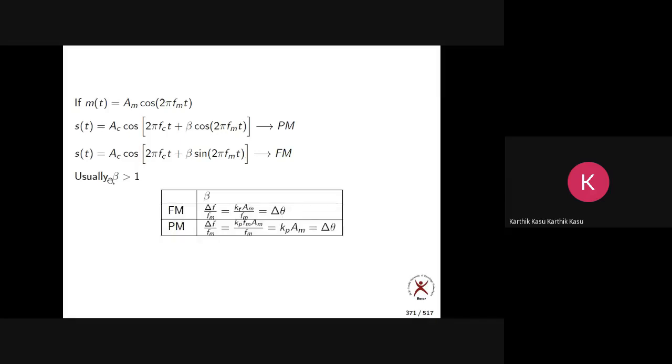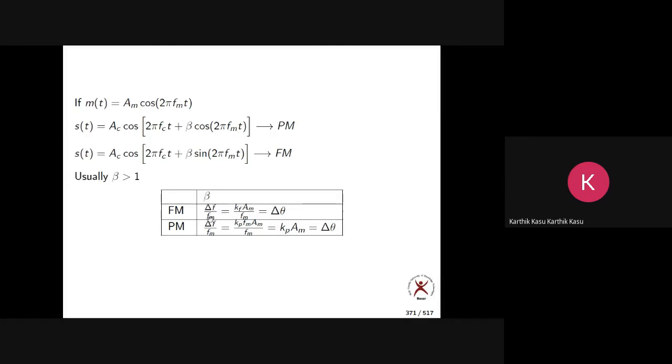Yes or not? But here, the modulation index of an angle modulated signal has to be more than 1. Why? We'll discuss later, but it should be more than 1. Now these are the beta values for FM and PM finally. So please remember them.